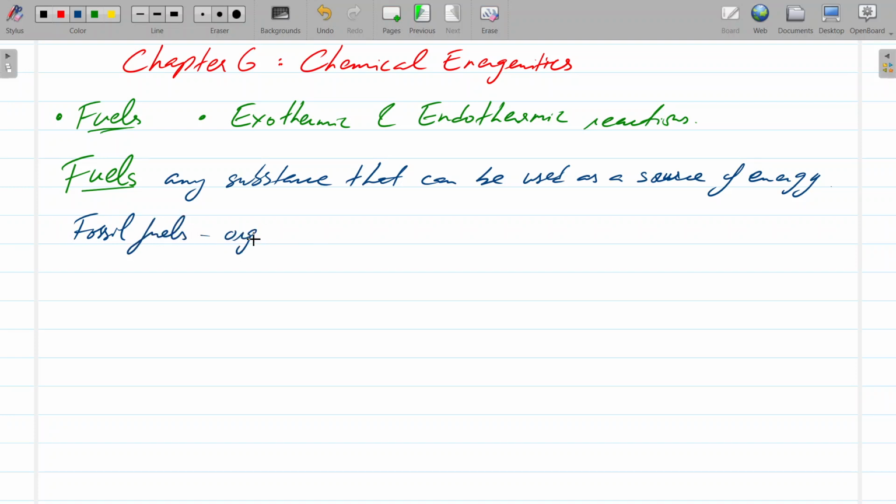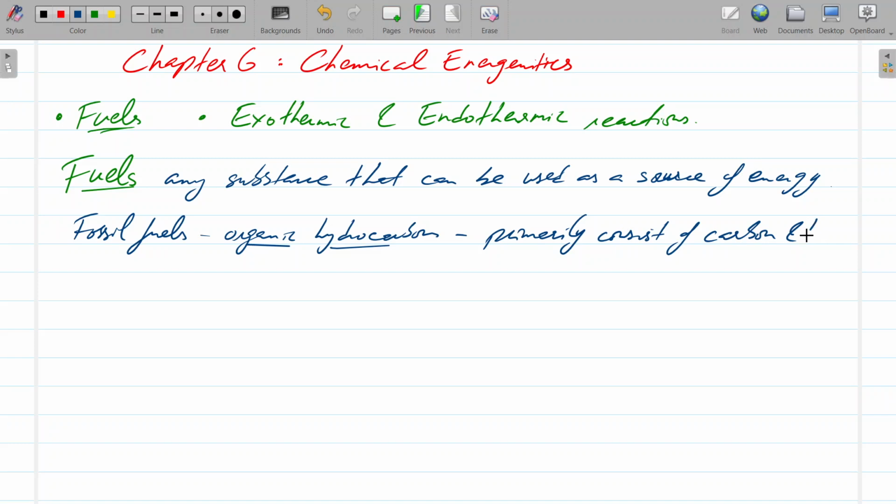They are organic hydrocarbons, meaning that they are organic molecules, and saying hydrocarbon is sort of a repetition, because when we say that something is an organic molecule, and you've got chapters on organic chemistry near the end of the syllabus, what this basically means is that the molecules are primarily made up of, consist of the elements carbon and hydrogen.